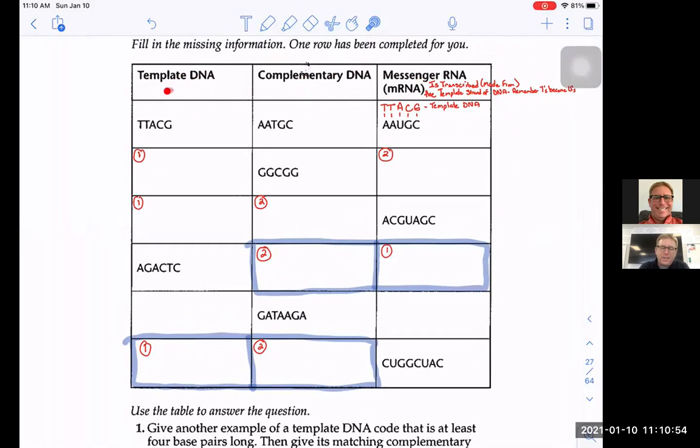So basically, this is the parental strand, this is the replicated strand of DNA, and then you're using the template strand to make the mRNA. And remember, the T's in the DNA become U's in RNA, which you can see here as I've given you that example. We have the TTACG, and then the mRNA becomes AAUGC, as that A becomes a uracil in the RNA.